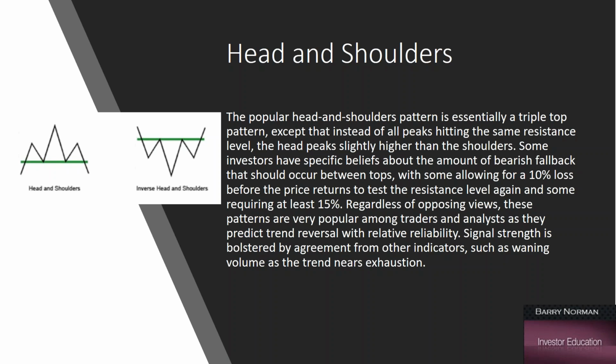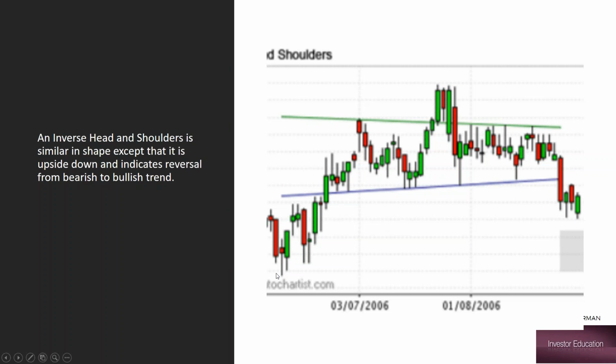Regardless of opposing views, these patterns are very popular among traders and analysts as they tend to predict price reversal or trend reversal with relative reliability. Signal strength is bolstered by the agreement from both indicators, such as waning volume as the trend nears exhaustion.